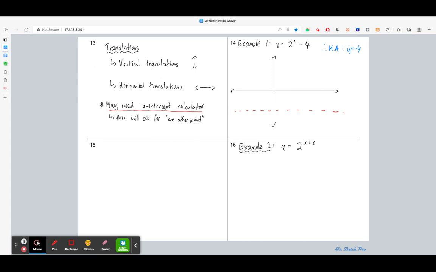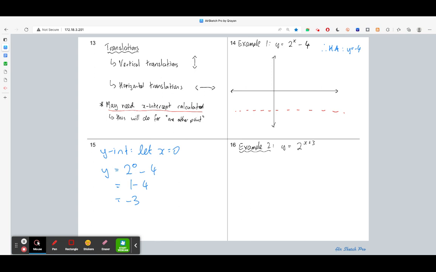So the y-intercept is, let x equals 0, and so we have y is equal to 2 to the power of 0 minus 4, which equals 1 minus 4, which equals negative 3.